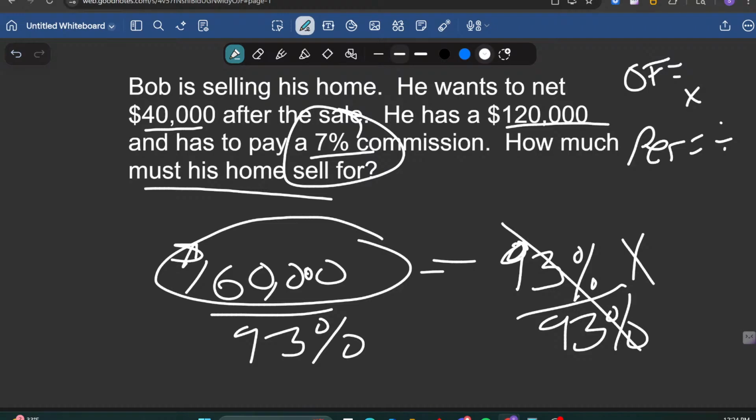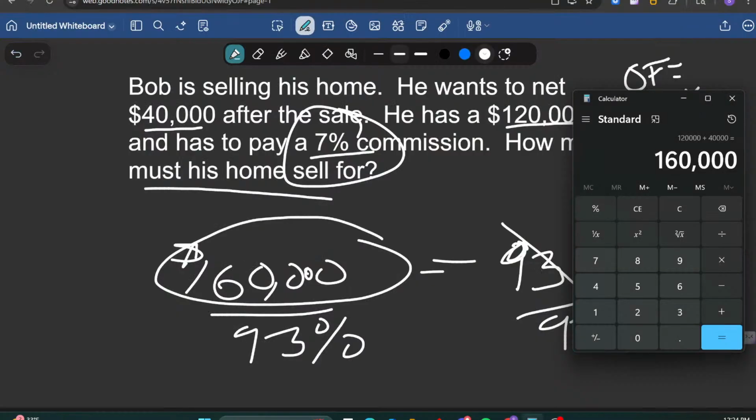So the math that we have to do, let's get our handy dandy calculator back up, okay, is 160,000 divided by 93%. So 93% as a decimal is 0.93. Okay. And that would be $172,043.01. So in the answers, they might just keep it as a flat number and not keep the penny in there.